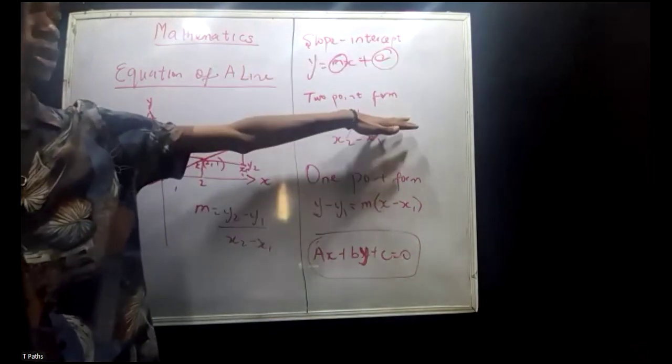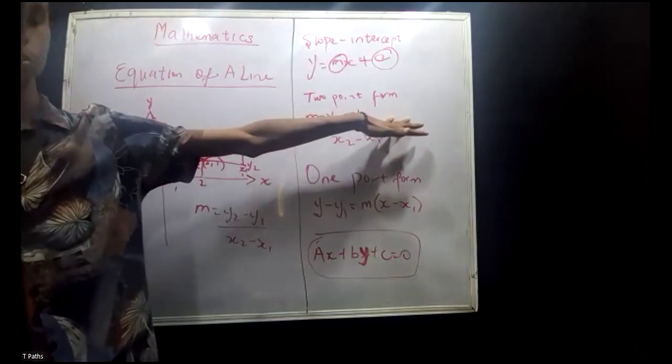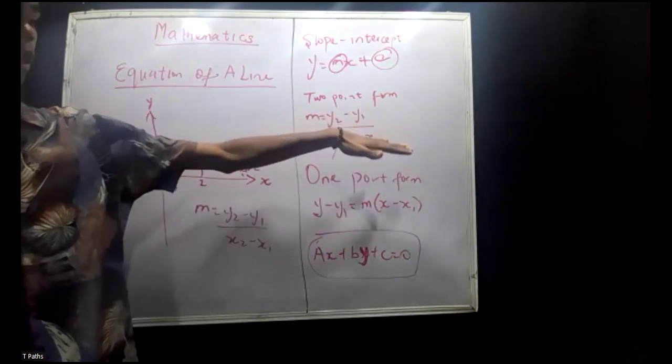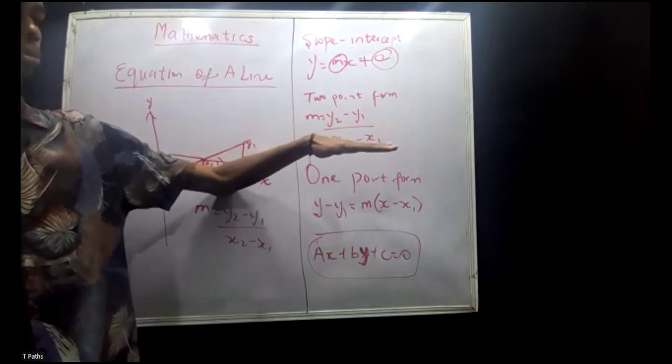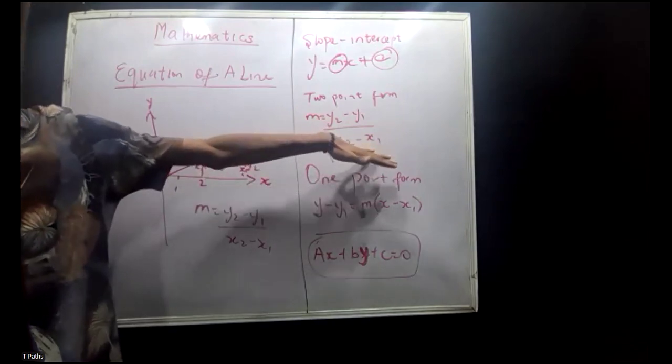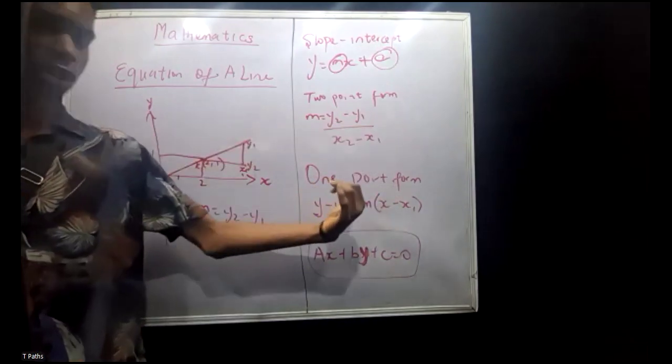The 2-point form, slope m is equal to y2 minus y1 divided by x2 minus x1. The 1-point form, y minus y1 equals m open brackets x minus x1. And then the general form, which is ax plus by plus c.